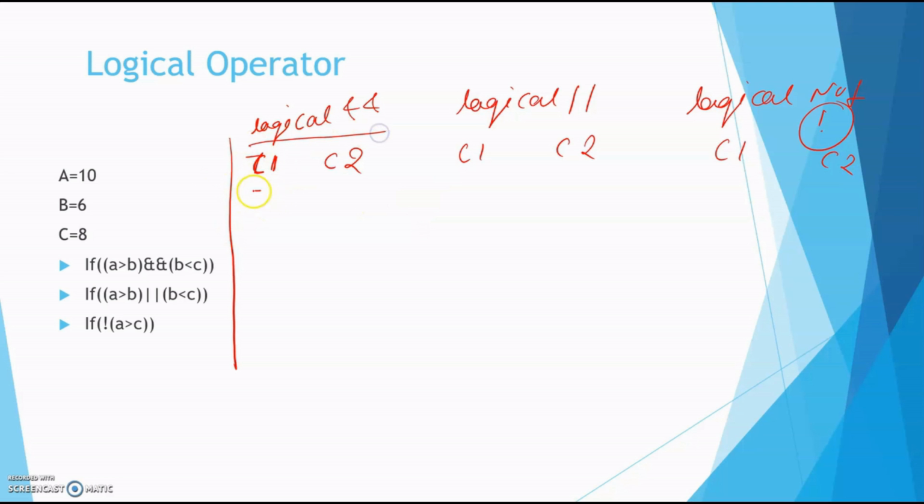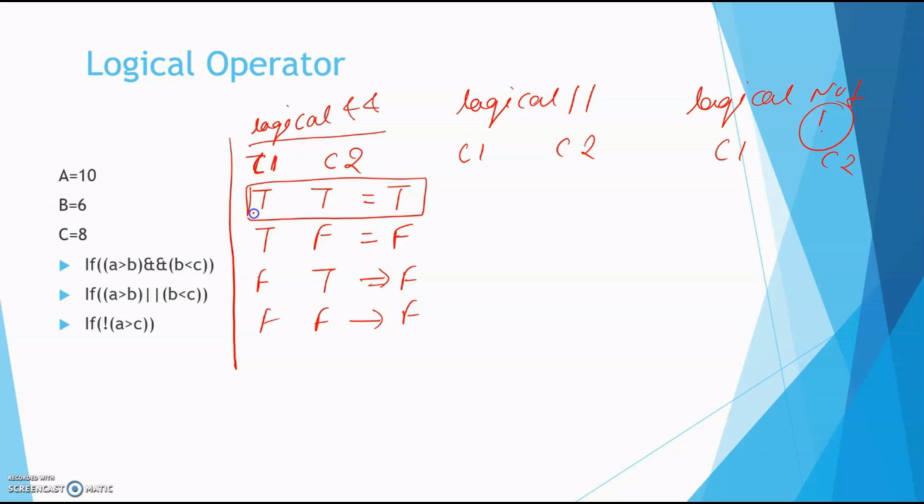In logical AND, if the first condition is true and the second condition is also true, the result will be true. If the first condition is true and the second is false, it will give false. If the first is false and the second is true, again false. If both conditions are false, it gives false. It means in logical AND, both conditions must be true.